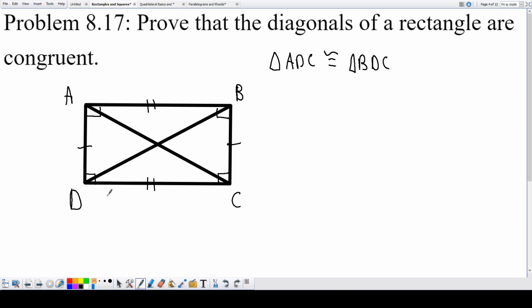Because both triangles contain side length AD and BC have the same measure, and both triangles contain this side DC, and they both contain a 90-degree angle between the two. So we have that these two triangles are congruent by side angle side congruence.